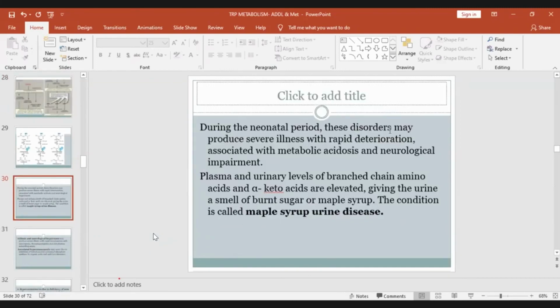During the neonatal period, these disorders may produce severe illness with a rapid deterioration associated with metabolic acidosis and neurological impairment. Plasma and urinary levels of branched chain amino acids and alpha keto acids are elevated, giving the urine a smell of burnt sugar or maple syrup. The condition is called maple syrup urine disease.